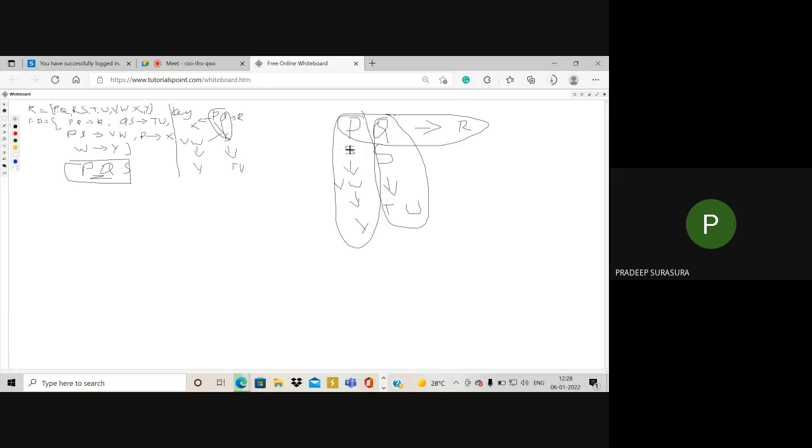So PQR will definitely be in one table, and PQS will also be in one table just to hold the relationship amongst all the other entities. Then PS VW Y will be in one table.